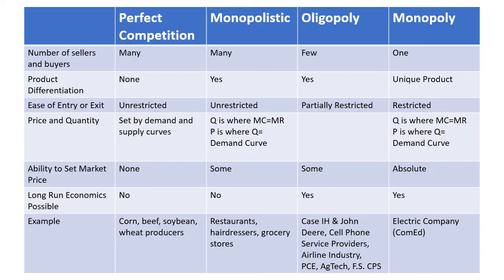Okay, this is the final slide for this week, and what we have here is just a summary of the different characteristics of all of the types of markets. So perfect competition, and then again, all of these over here are imperfect.